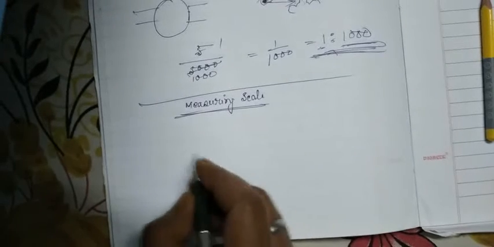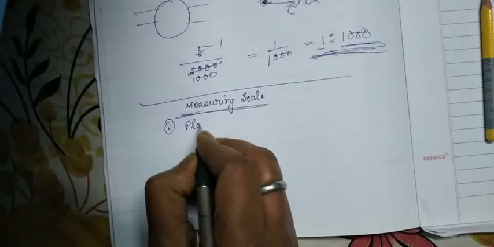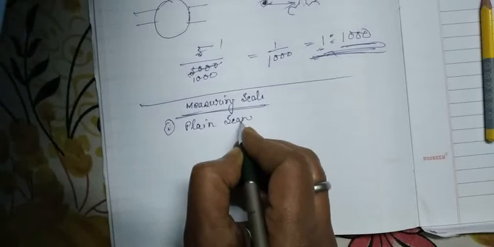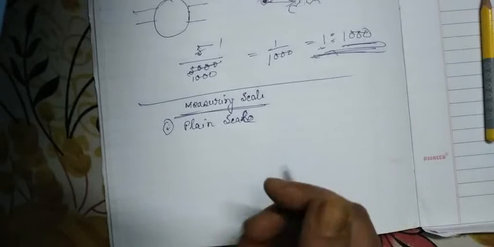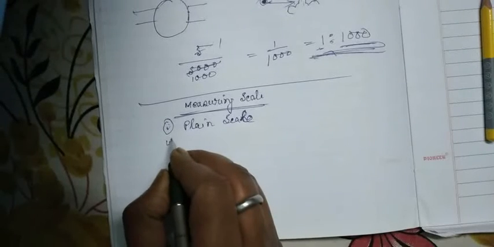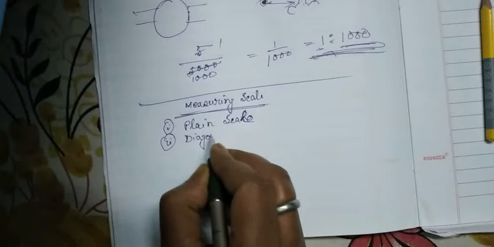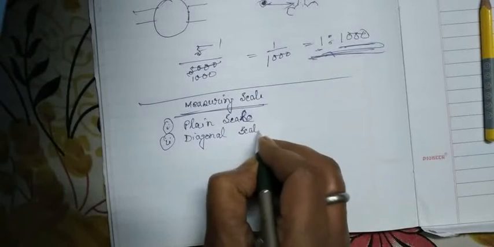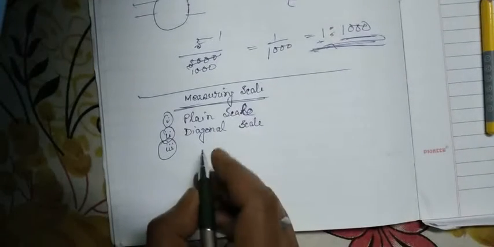Measuring scales are classified mainly into: number one, plain scale, which we use to measure the length, breadth, and height of any instrument or object. Number two is diagonal scale. Number three is vernier scale.